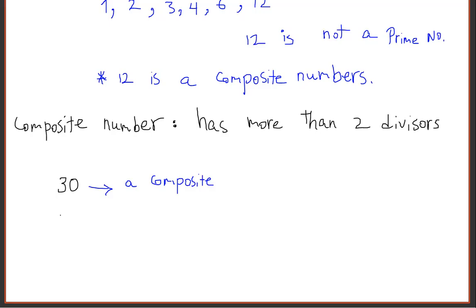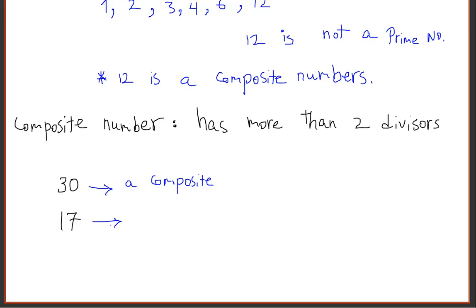Now, number 17. Number 17 is 100% divisible by 1. Very good.